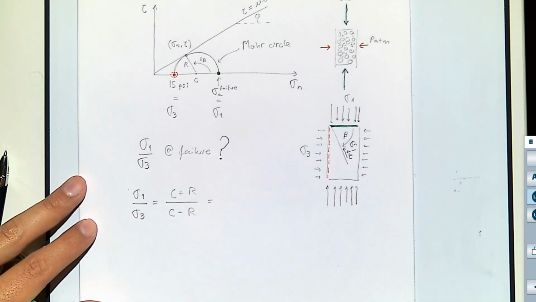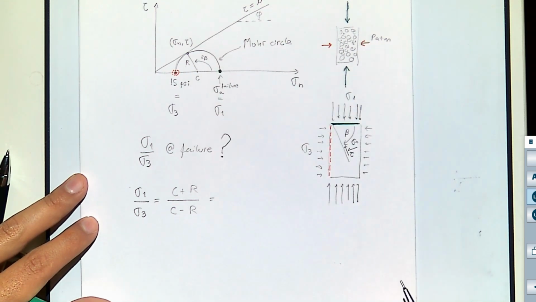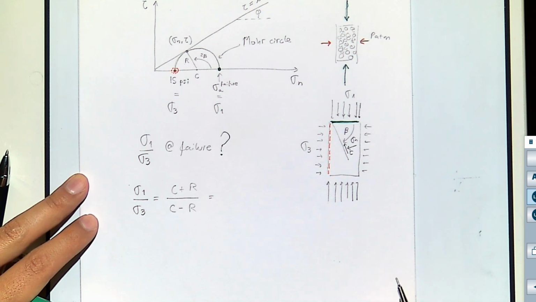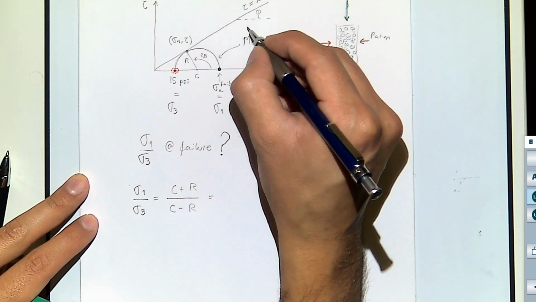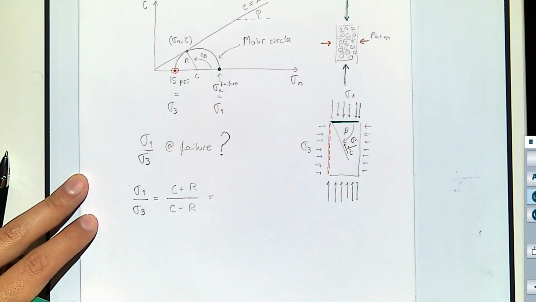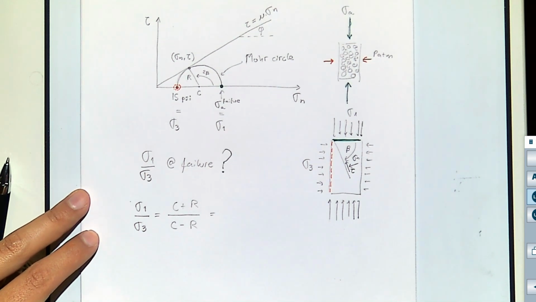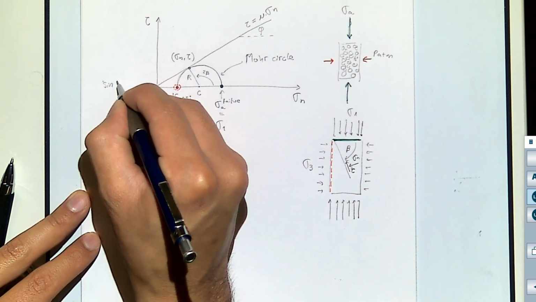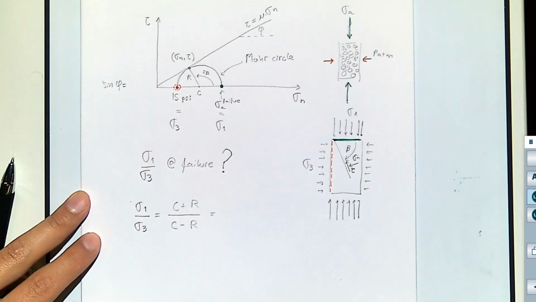What is going to be the sine of the friction angle in this particular case? Can you see that on the figure? Sine of friction angle.